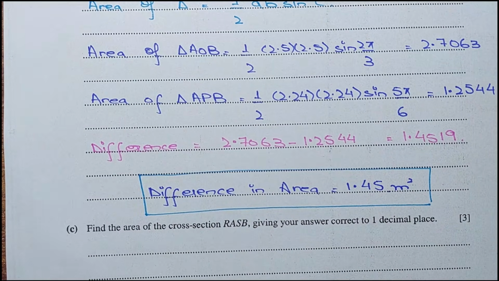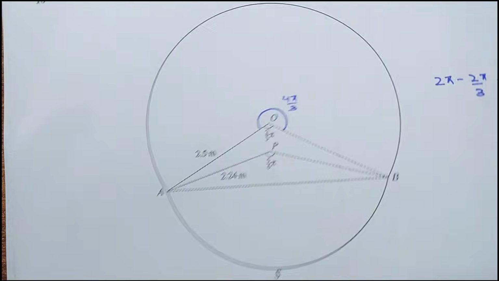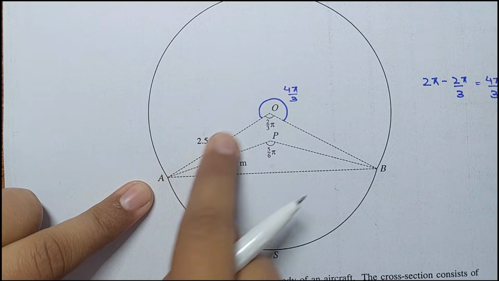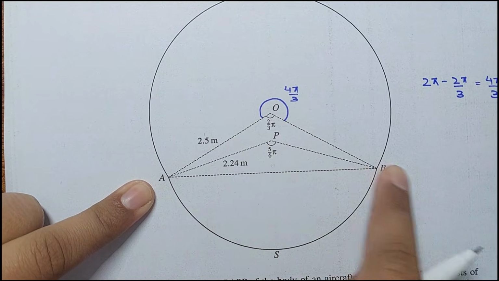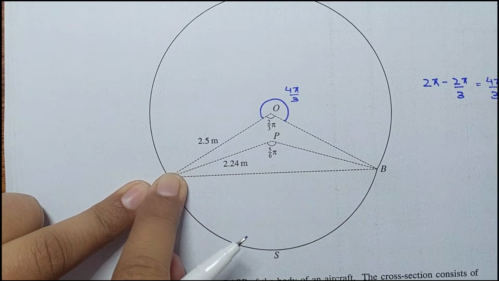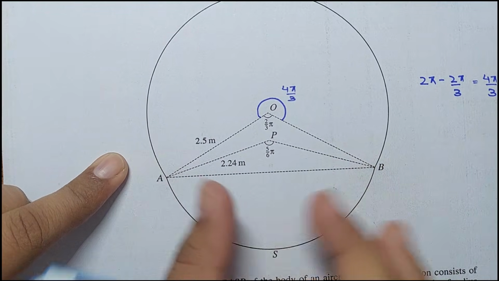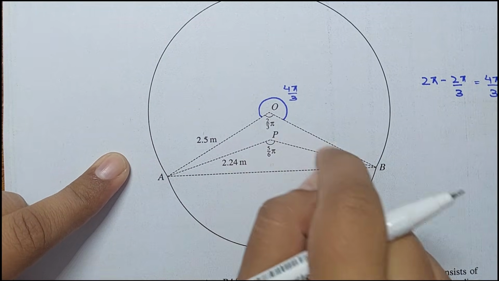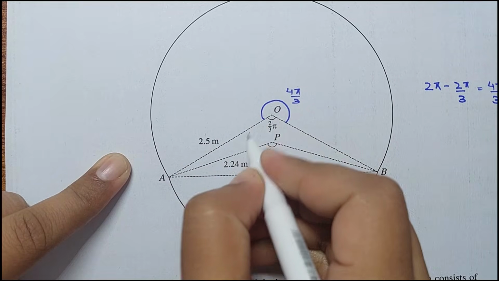The difference in area of the triangles is basically, as you can see, we found the area of the bigger triangle, then the area of the smaller triangle. From the bigger subtract the smaller, so we get the area of this inner region.